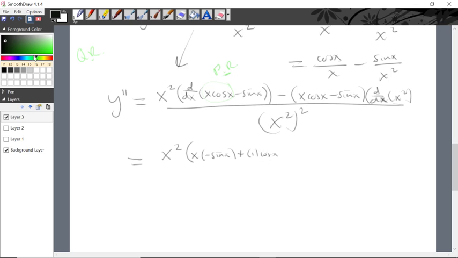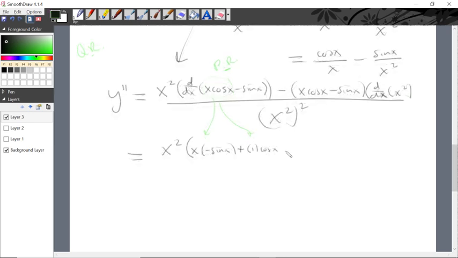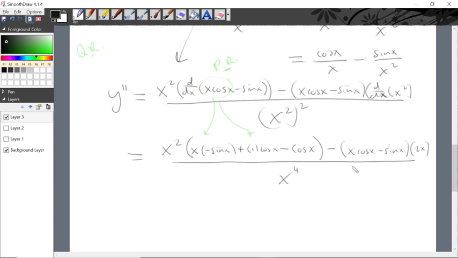All right, that's our product rule right there. So now we have the derivative of minus sine x, so that's minus the derivative of sine x. Derivative of sine x is cosine x. And then minus the quantity x cosine x minus sine x times the derivative of x squared. Well, that would be 2x. And then this is over x to the 4th.